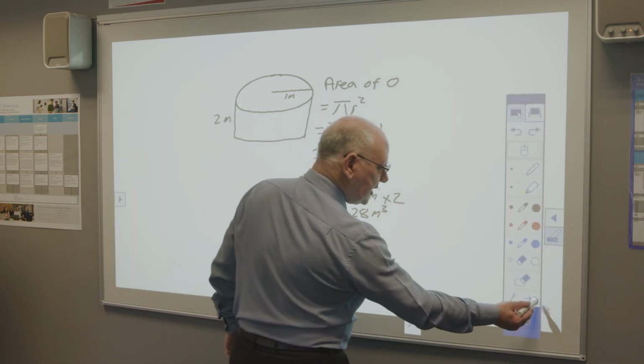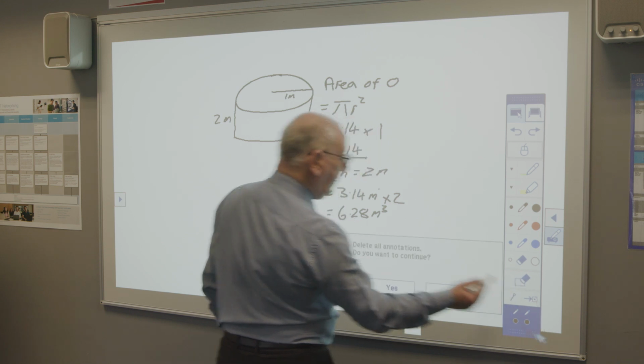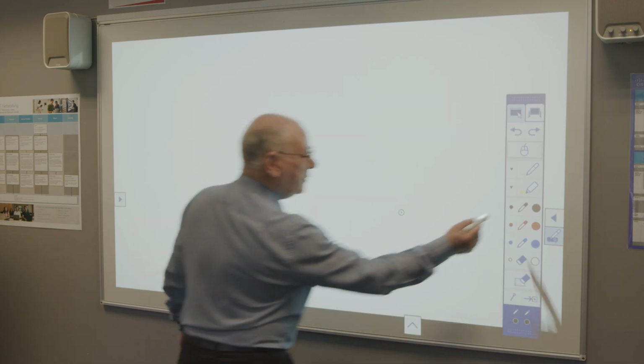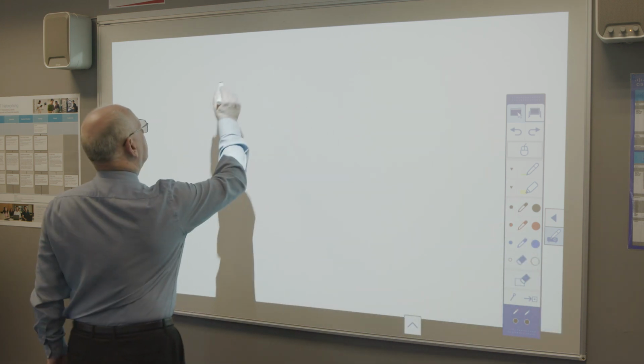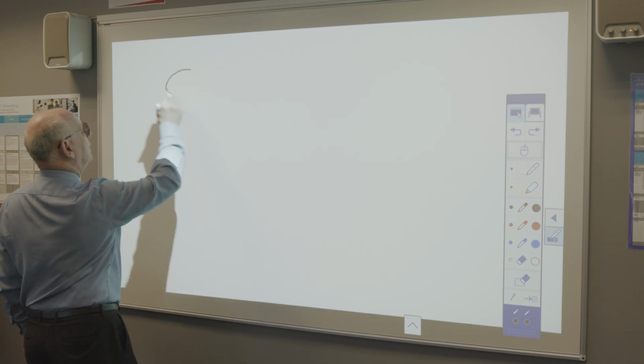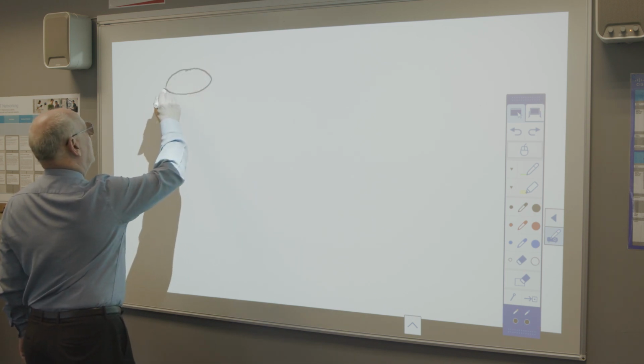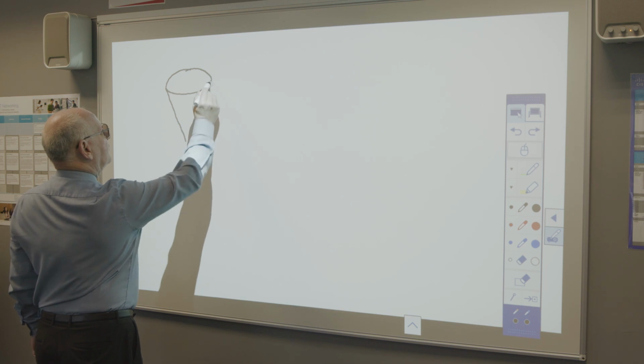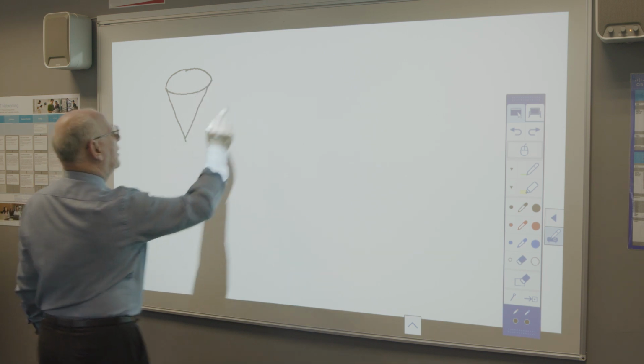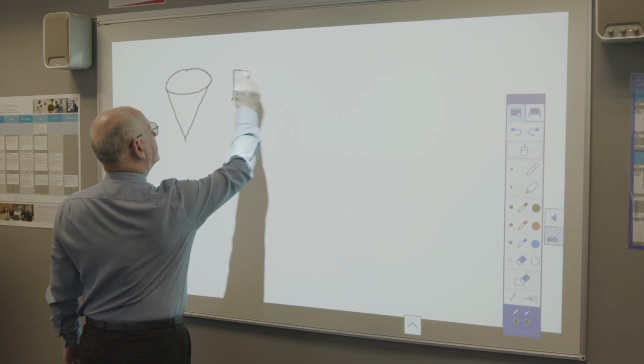But the beauty of being able to do that is that you can now work out the volume of all of these types of shapes.